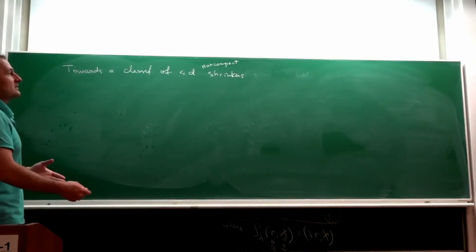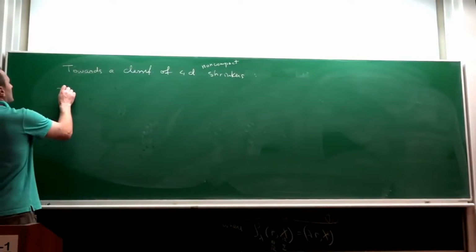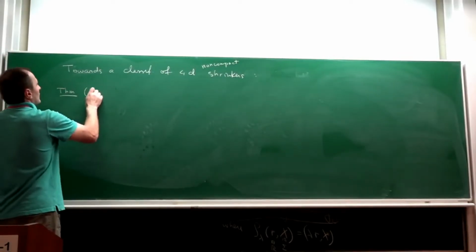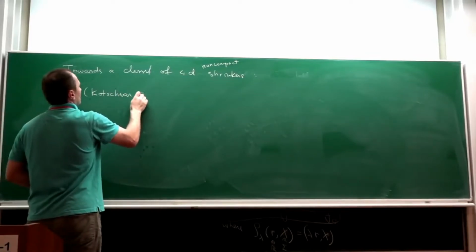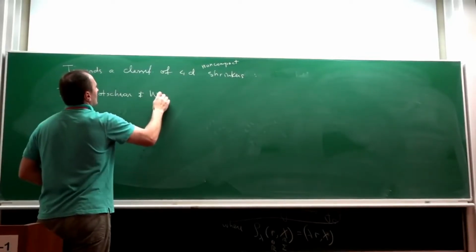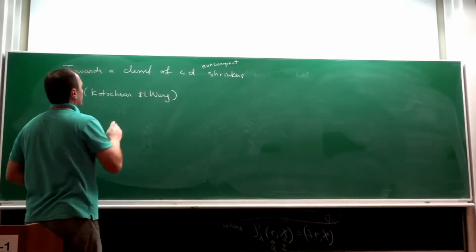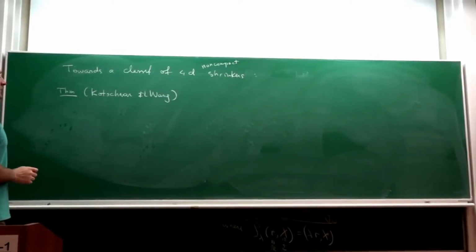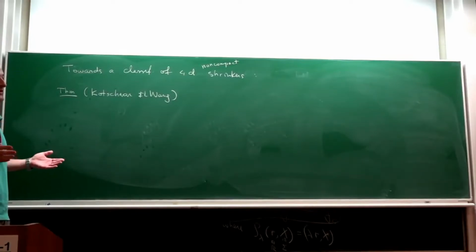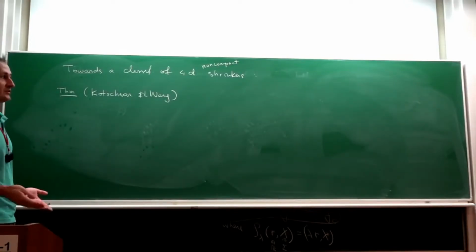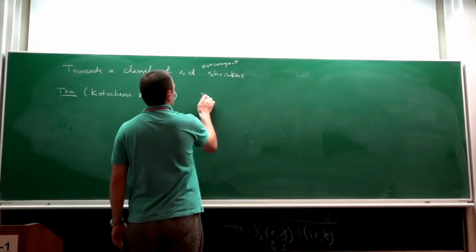If we do get there, there is a theorem by Kotschwar and Wang, which says that if two manifolds have the same asymptotic cone, then they must be isometric to each other.